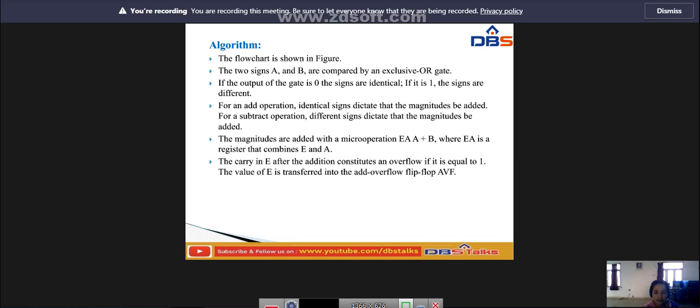The value of E is transferred into the add overflow flip-flop, AVF.